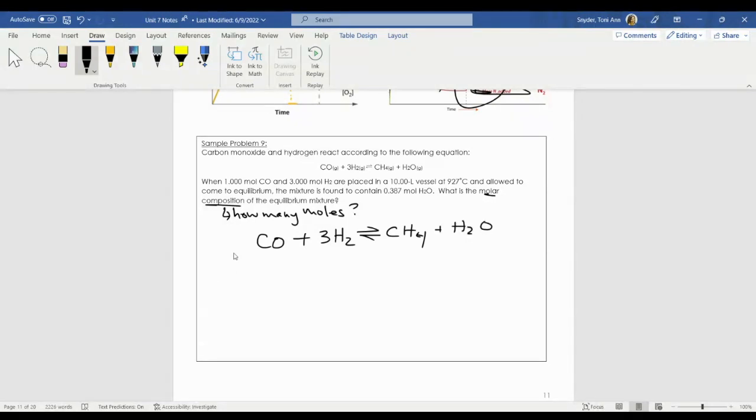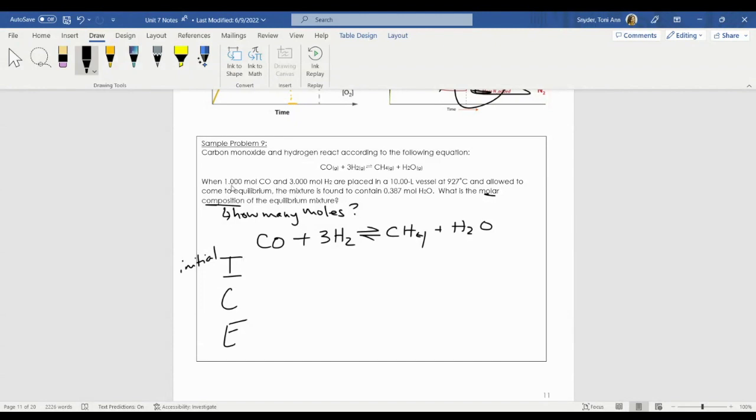We're going to set up an ICE chart, right? So I'm going to put ICE right here. I stands for initial. This would be the initial amount of moles, the initial concentration, whatever is given to us in the problem, or before equilibrium is established.